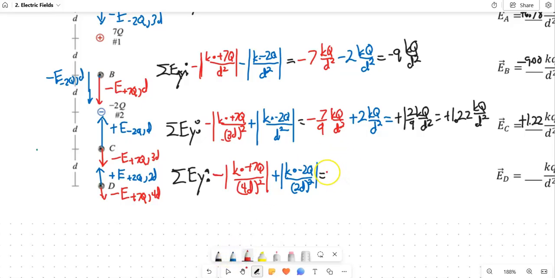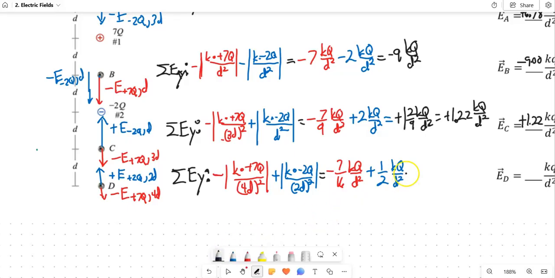So this first one is going to be negative 7 over 4 squared. So this is going to be negative 7/16 kQ squared, kQ over D squared. I want to put a Q squared there. This next one is going to be positive, and that's 2 over 4, so that's going to be 1/2 kQ squared over D squared.